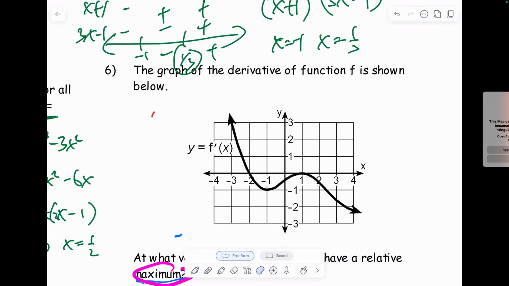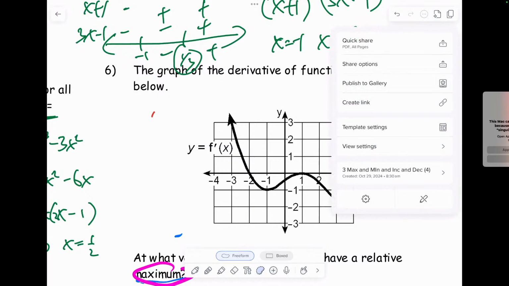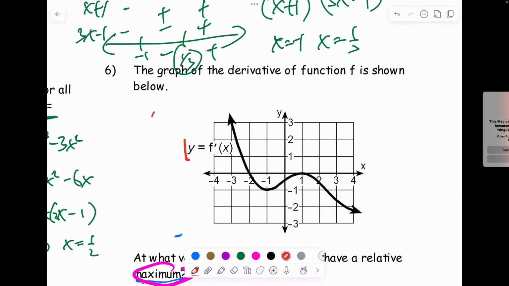If you look at this particular situation, this is f prime of x. I'm going to do a number line test, and I draw the number line right below this.